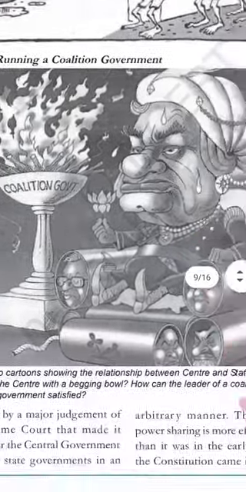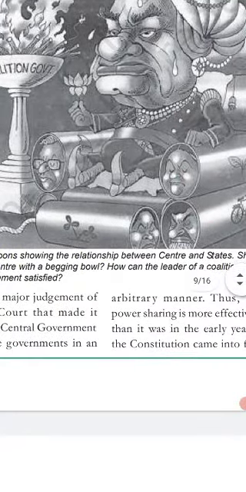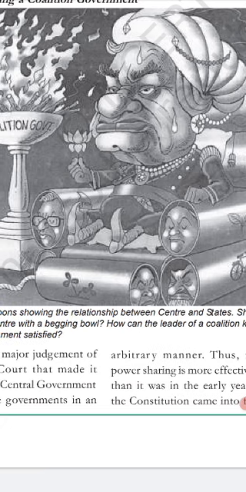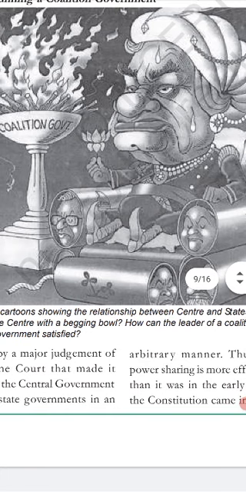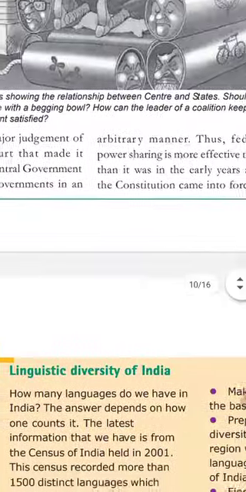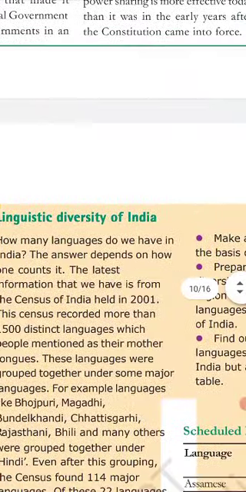But after 1990, the picture was totally changed, and now these regional parties or state parties who formed a chair for the central party, they worked as the bomb. And if the central party or central government will not give them their independent powers, surely they will dismiss the central government. So in this way, federalism became very strengthened, or it became powerful in India.